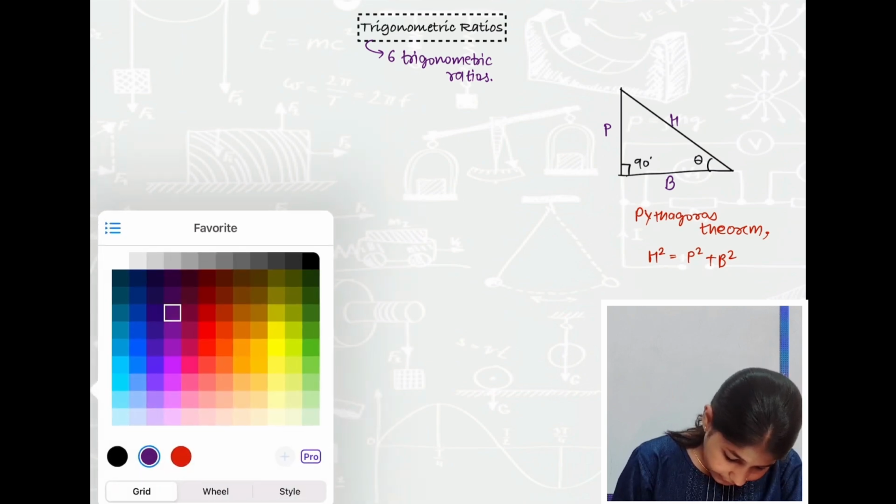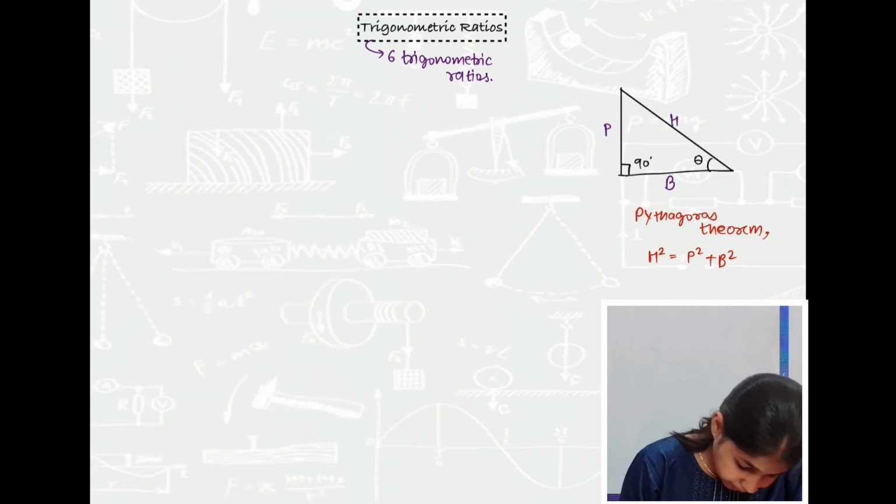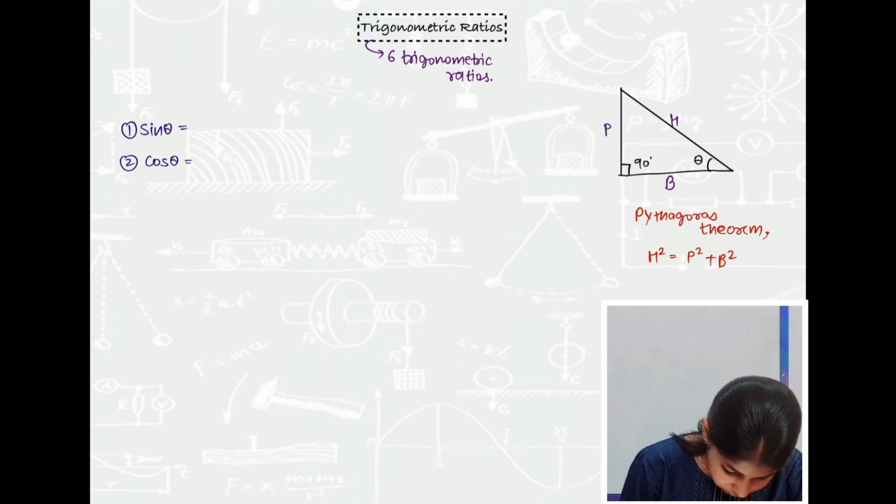Let us write them one by one. Our first one is sine theta. Then our second one is cos theta. Third, tan theta. Fourth, cosec theta.